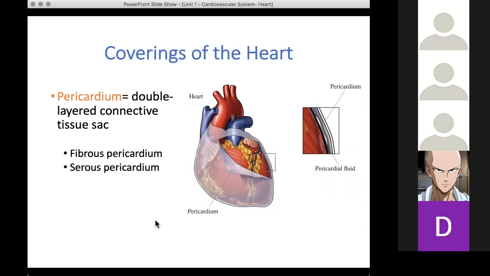Okay, the other layer, serous pericardium, is the inner layer. That in itself actually has two really thin layers within it. So those two layers are called parietal and visceral. The parietal layer is the outer layer, which is actually connected to the fibrous pericardium.